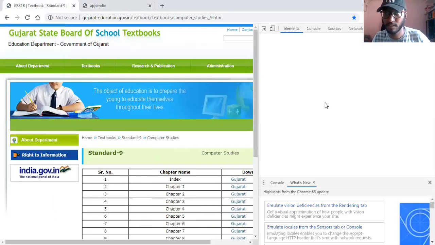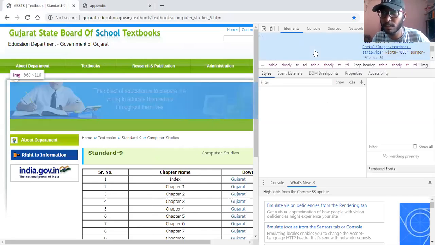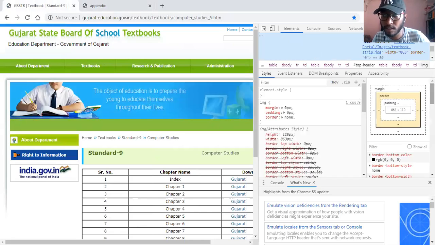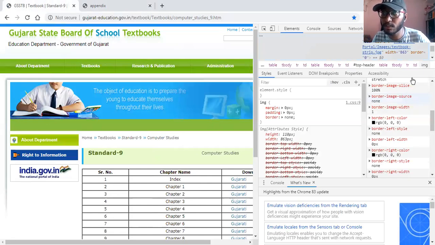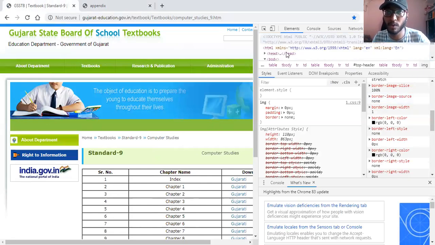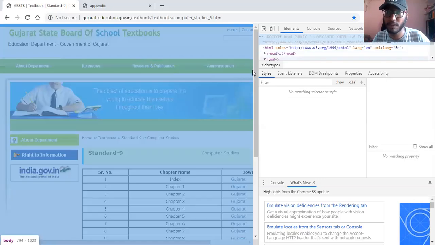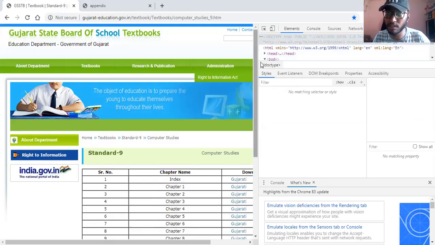After coming to inspect, you can see many codes over here. These are the codes used in your web page. After writing all these codes, only then will your website be made.